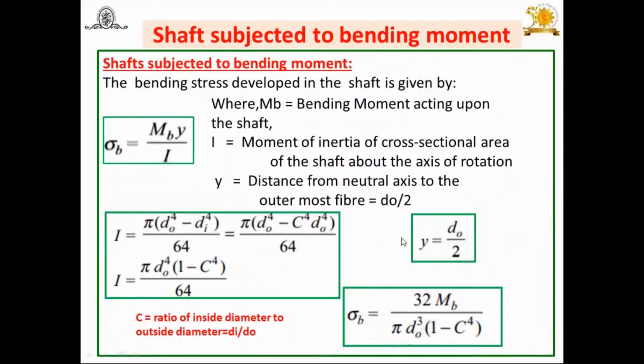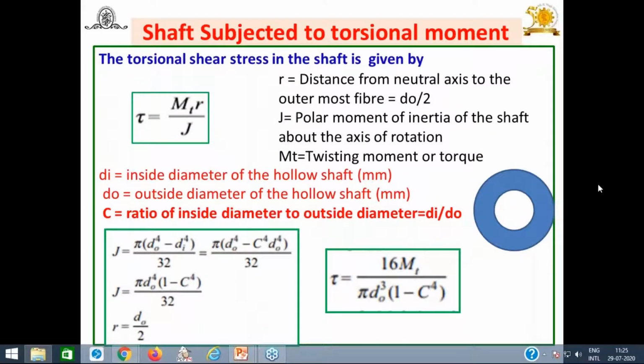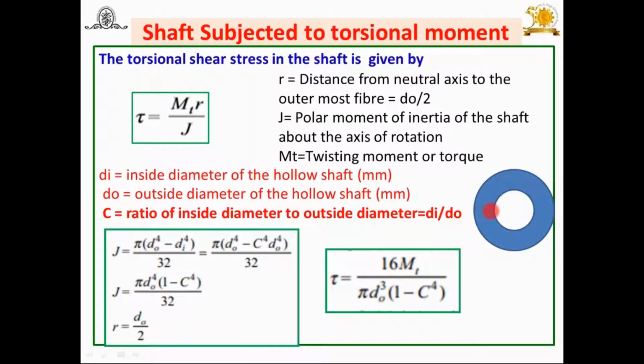Now it's a hollow shaft. Look at this diagram here. You will find it's a hollow shaft. Now hollow shaft means this is outer diameter dO, suffix O for outer diameter, and inside diameter is di.